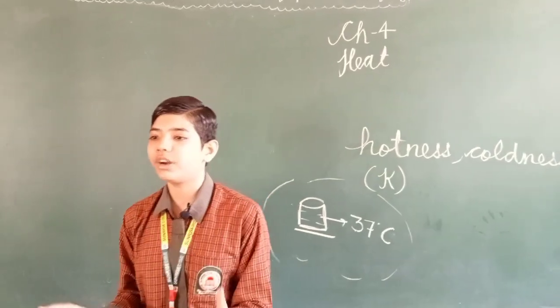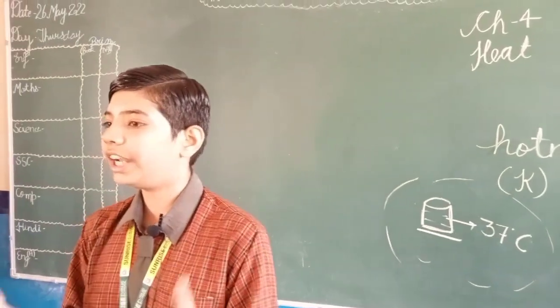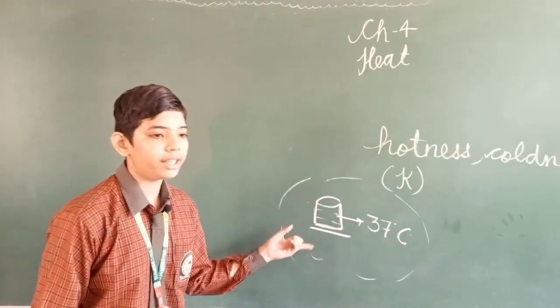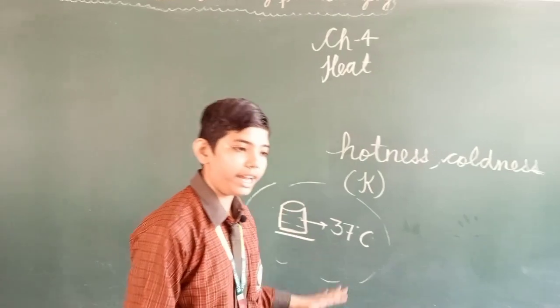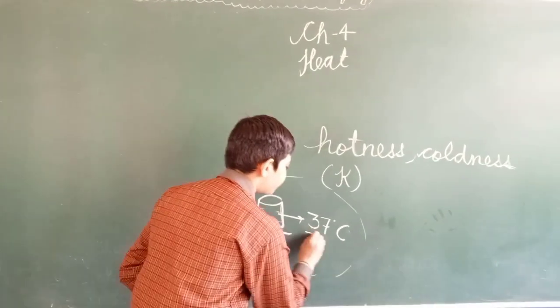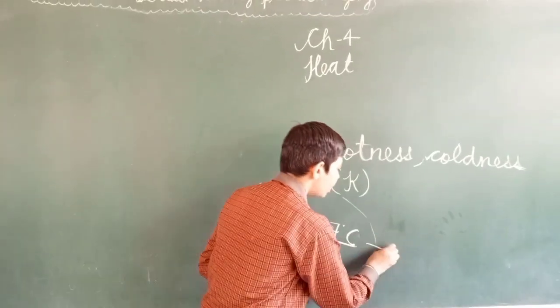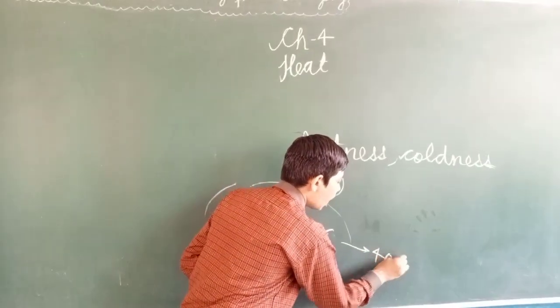Why is the temperature increased? Because the surrounding provides heat to the glass. Now, as I told you, its temperature is 37 degrees Celsius and the surrounding temperature is 40 degrees Celsius. How do I know that?